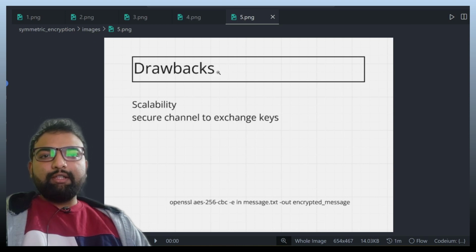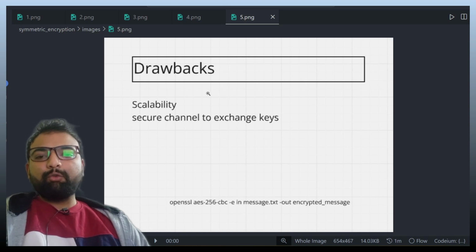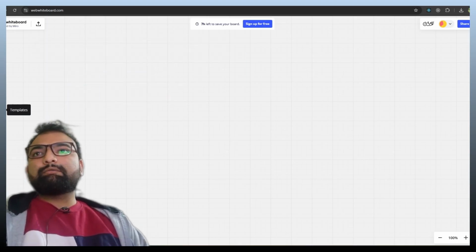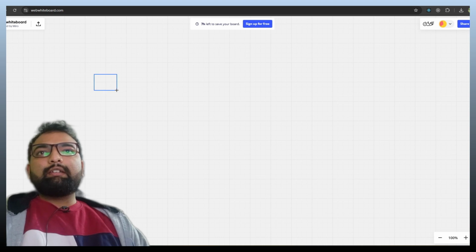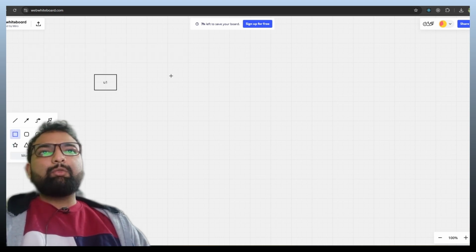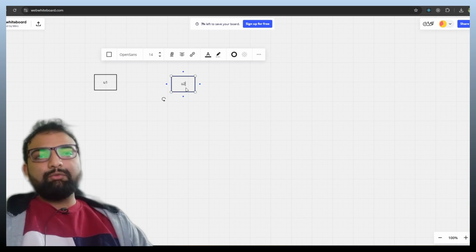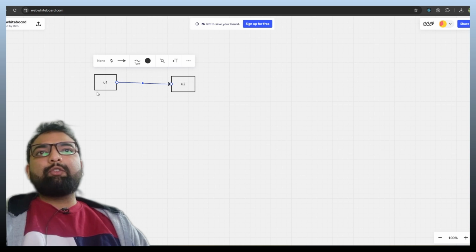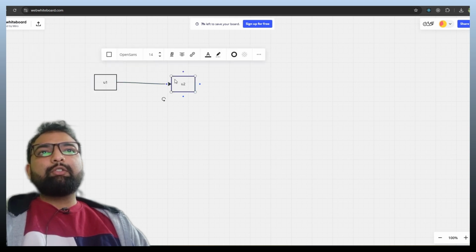Next are the drawbacks. We have seen that in symmetric encryption we use one key for both encryption and decryption. The first drawback is scalability. Here I have a user 1 and one more user, user 2.